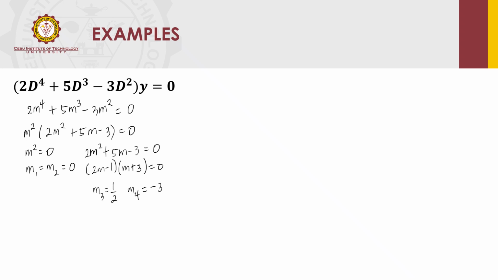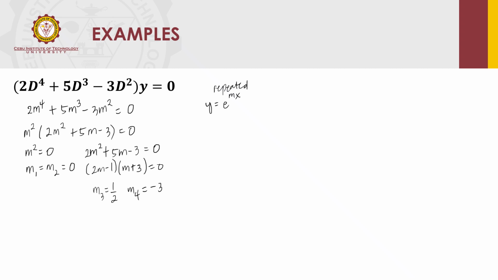So a combination of cases 1 and 2. According to the summary shown earlier, for repeated roots, you write the exponential function one time, e to the power of mx, m being the repeated root.